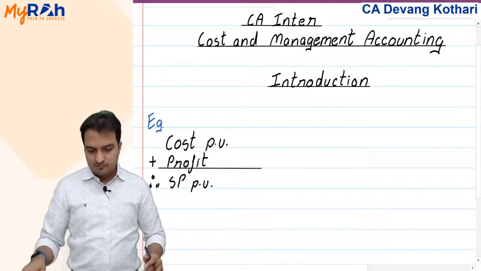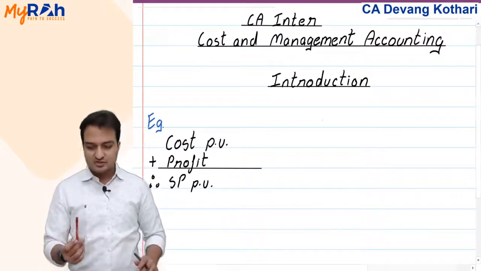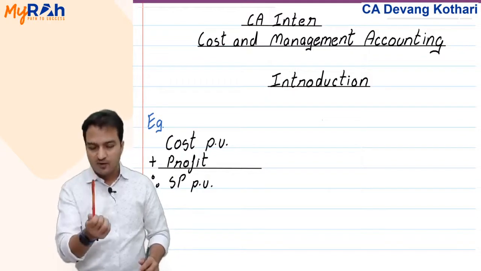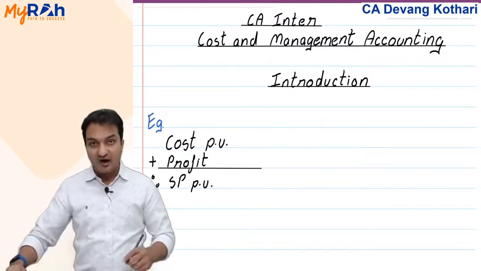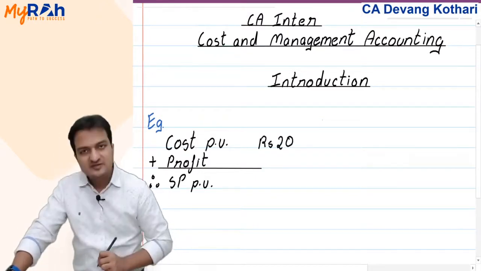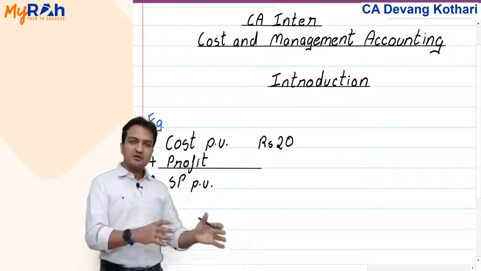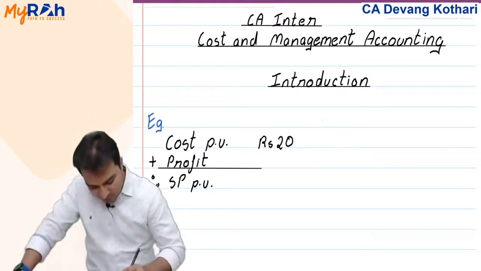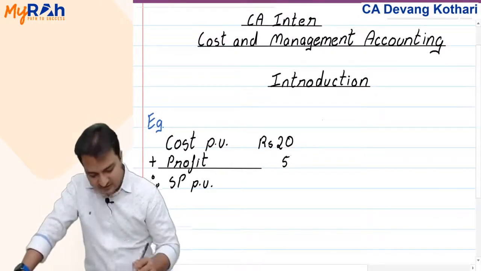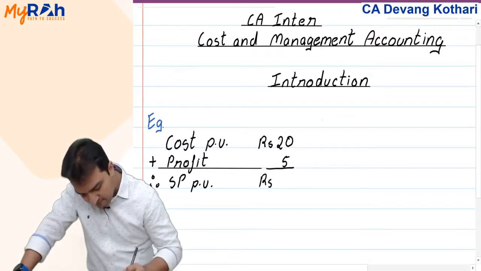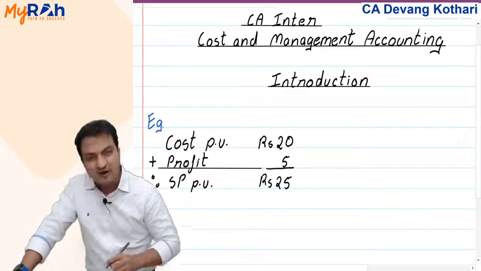Say for example, I did some calculations and I found out that the cost per unit of this one product, the cost of one pencil, after calculation turns out to be say rupees 20 per unit. Now if I calculate the cost of this one unit as rupees 20, then on that cost I add some profit, say 5 rupees, and I decide the selling price as rupees 25 per unit.